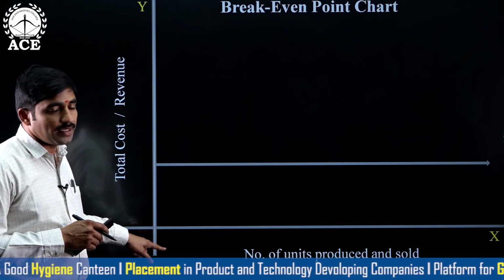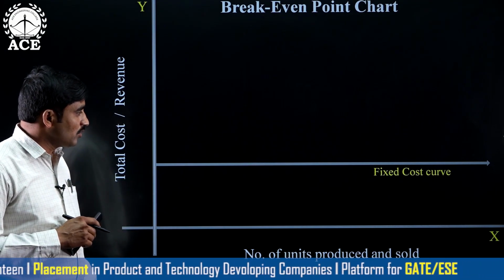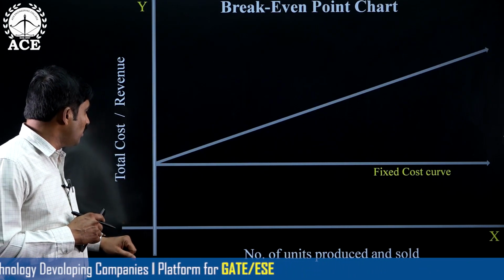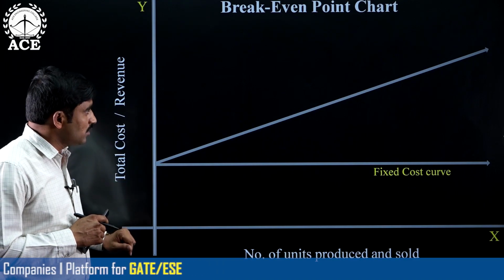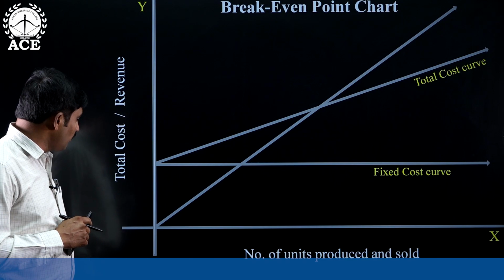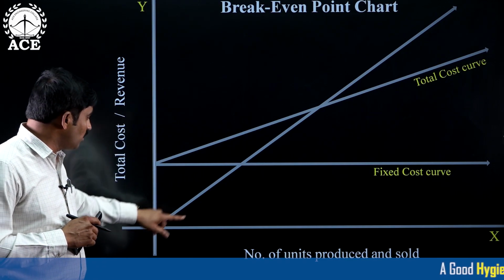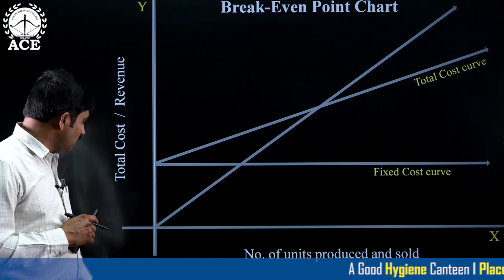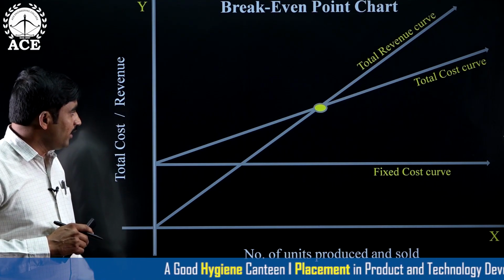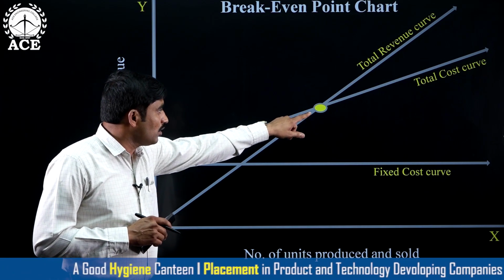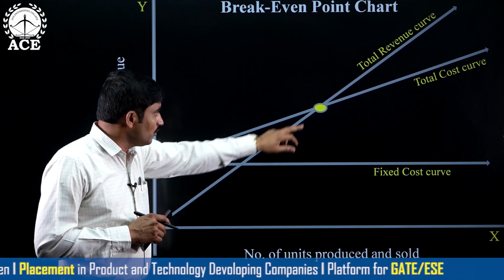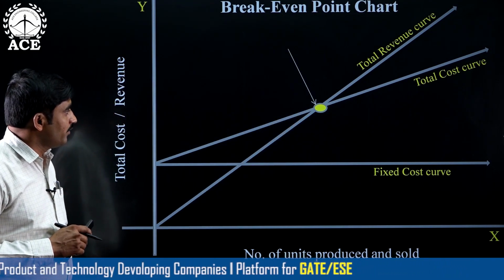The horizontal line which is parallel to the x-axis is called the fixed cost curve, and the curve which is moving from left to right upward, which will start at fixed cost, is called the total cost curve. The curve which is moving from left to right upward, which will start at the origin, is called the total revenue curve, and the point where the total cost curve is intersecting the total revenue curve is known as the break-even point.